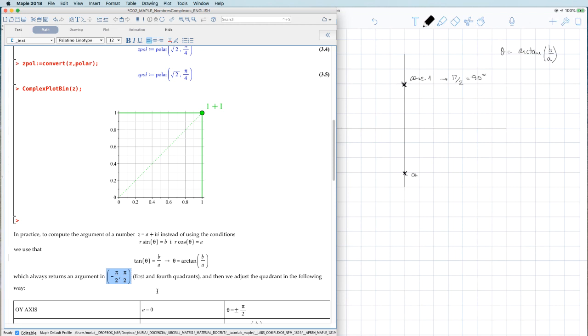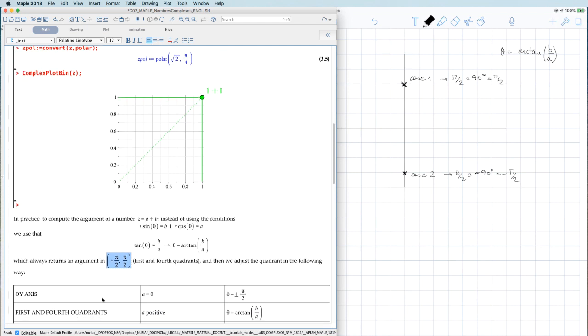Okay, or if we are here, the argument is going to be minus 90 degrees, minus pi over 2 or pi over 2. Okay, so this is the first case. The second case is if we are in the first and fourth quadrant, so if a is positive, then if I'm here or here, the arctangent is going to work fine. So if I compute the arctangent, I'm going to have the number that I expect.